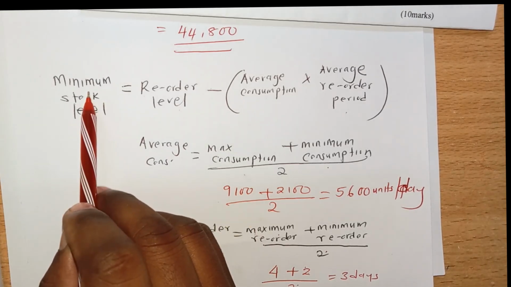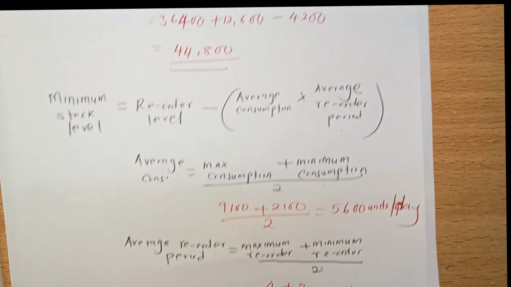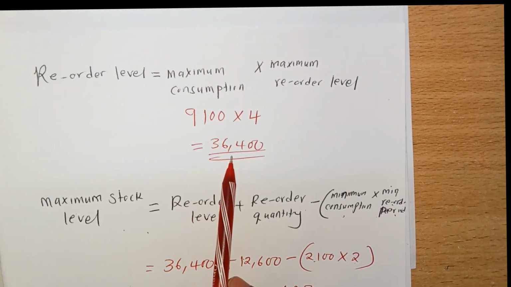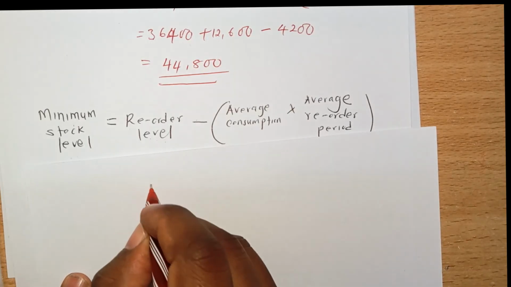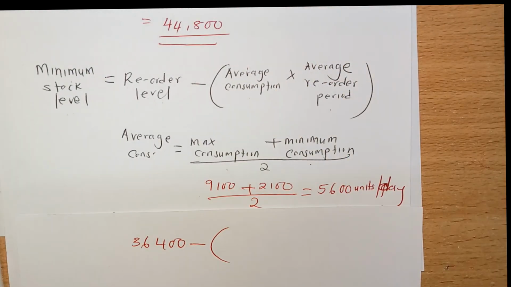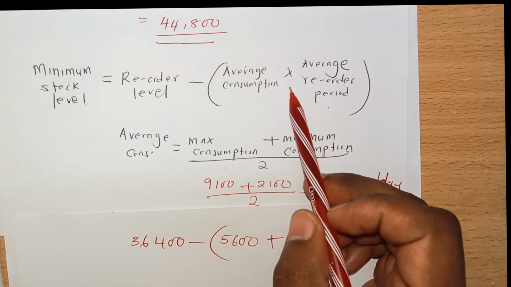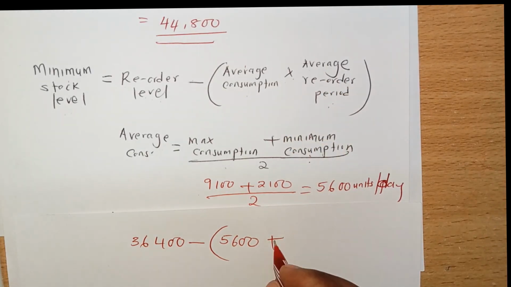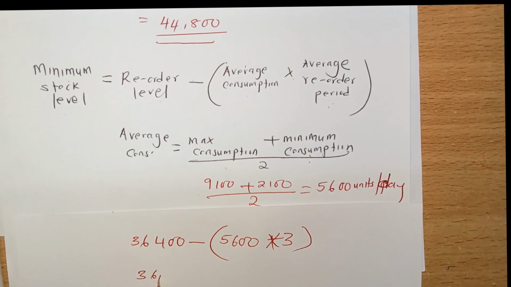So the reorder level is 36,400, you less, open the bracket, 5,600 times 3.